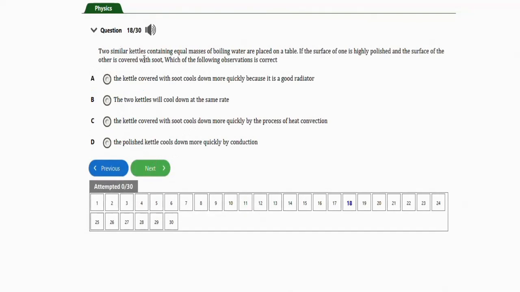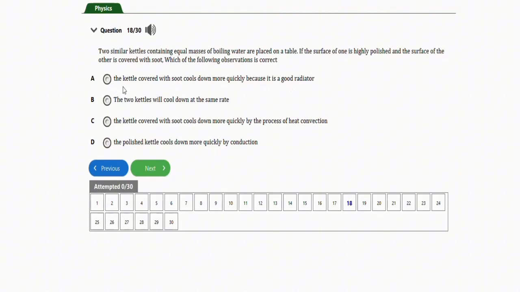It says, two similar kettles containing equal masses of boiling water are placed on a table. If the surface of one is highly polished and the surface of the other is covered with soot, which of the following observations is correct? A. The kettle covered with soot cools down more quickly because it is a good radiator.